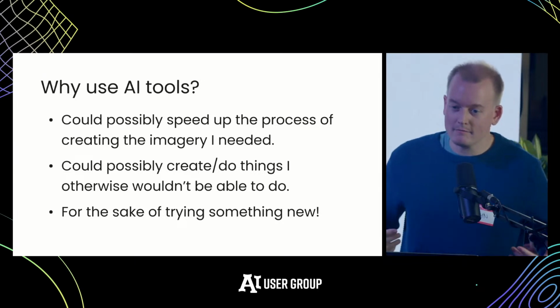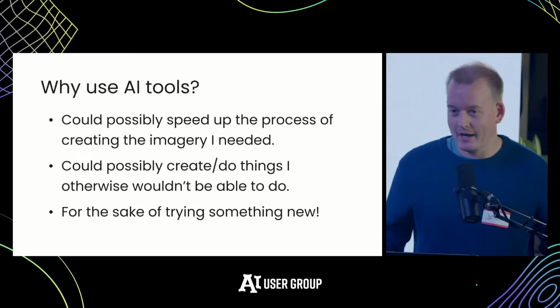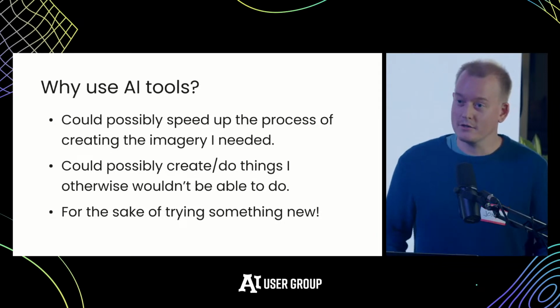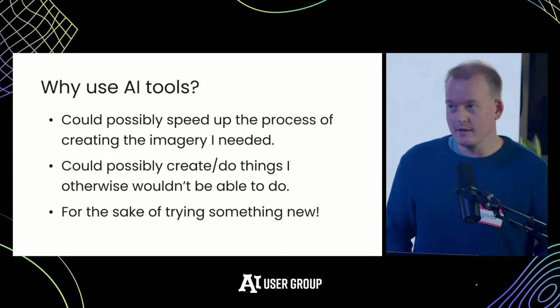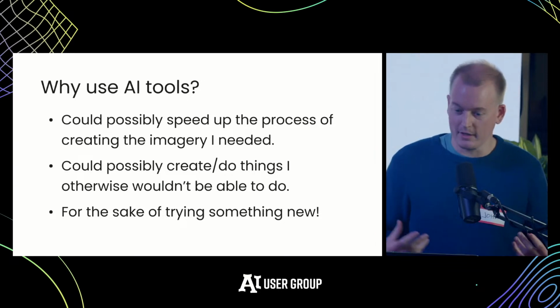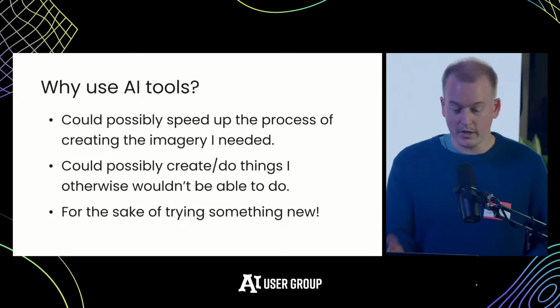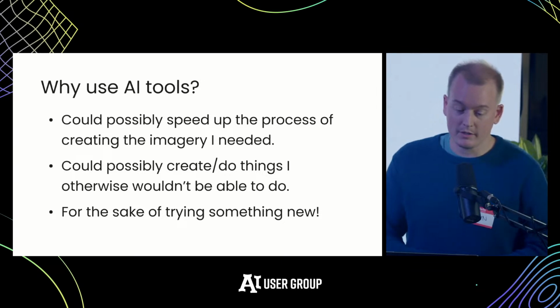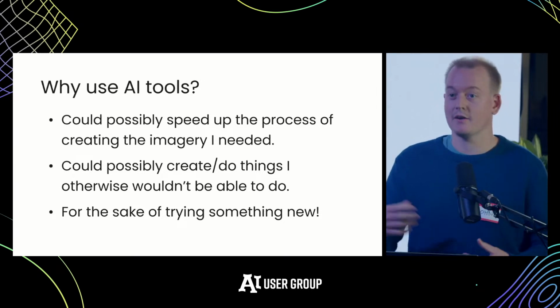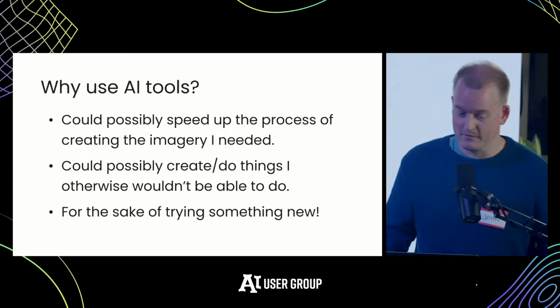And for me, since I'm doing this outside of work, I don't think I have time to do all that, but seeing all these new AI tools, I thought, well, I could generate all these images I want if all I need are prompts. So it could create that was more the second point, but it could also speed up the process of creating those images and also creating images I might not be able to find on my own.